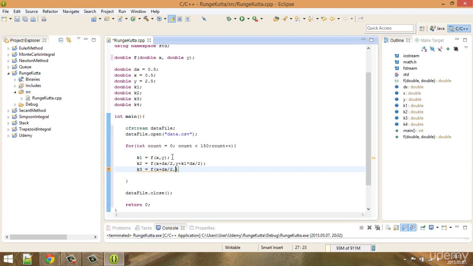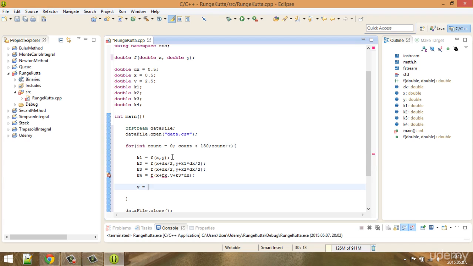K3 is equal to f of x plus dx divided by 2. It is the so-called Runge Kutta formula. You can look it up on Wikipedia. And y plus k2 times dx divided by 2, and K4 is equal to f with x plus dx, and y plus k3 times dx.